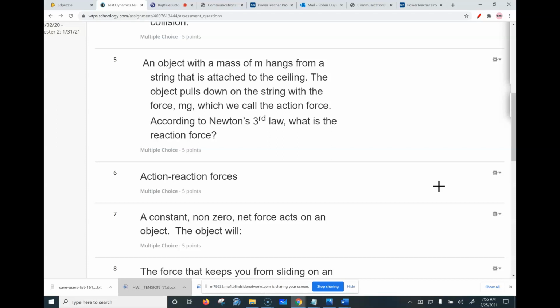The object pulls down on the string with a force. So even though the string is attached, the action force is the object pulling on the string. So the object and the string are the two objects we're talking about. So then what would be the reaction?